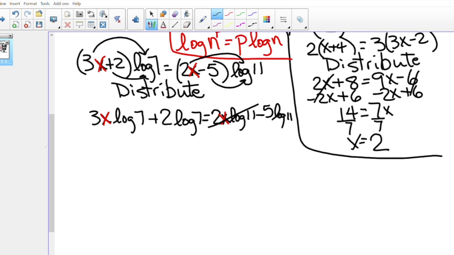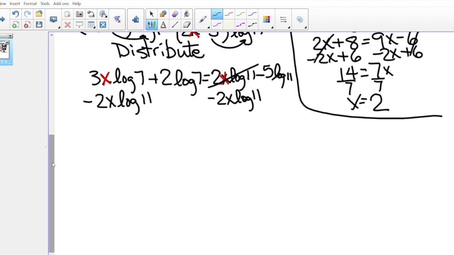So that means we're going to subtract 2x log of 11 from both sides. Now you've got a problem. If you're not paying attention, you're going to try to subtract 3x and 2x. But you can't subtract the logs of the numbers.